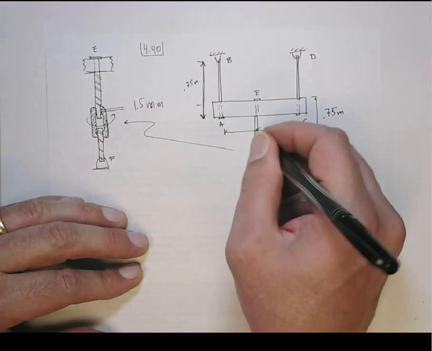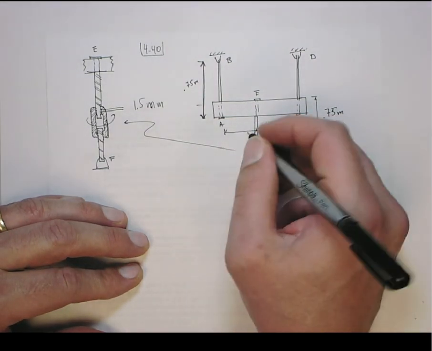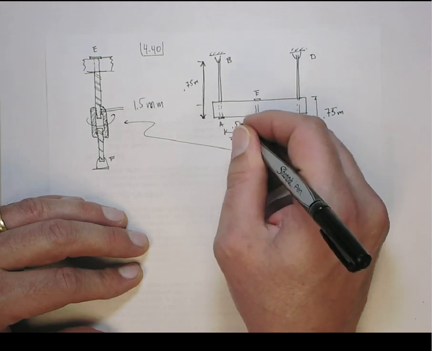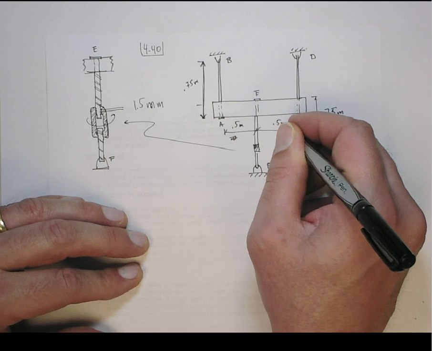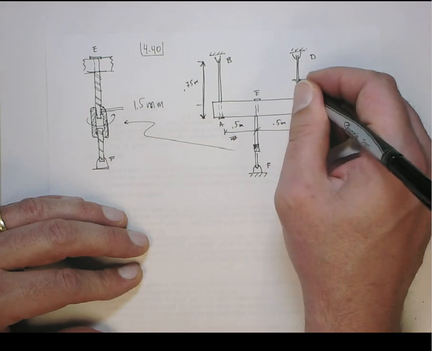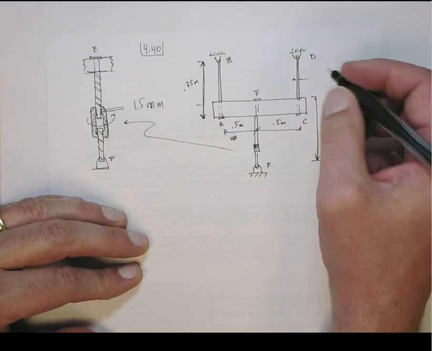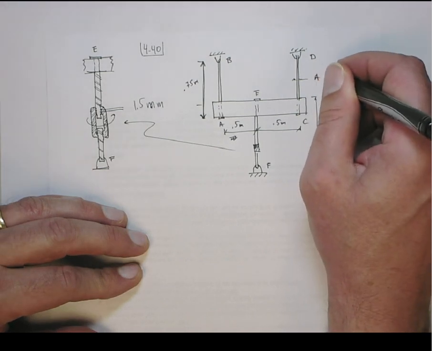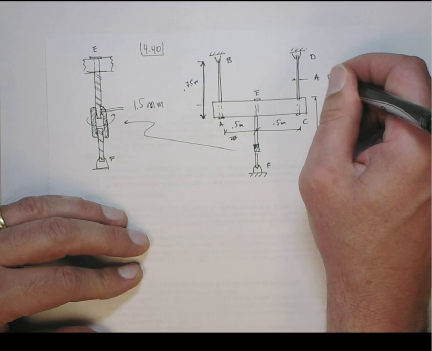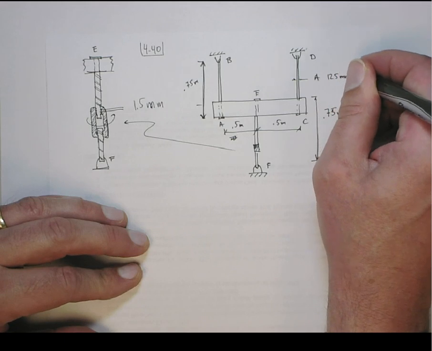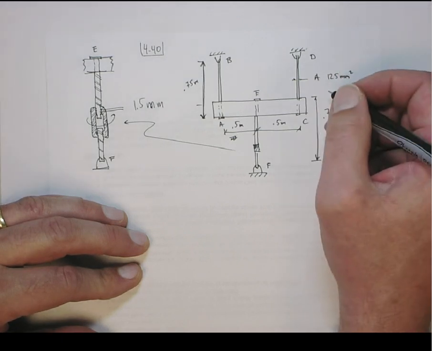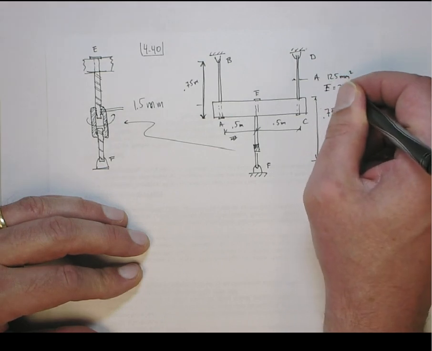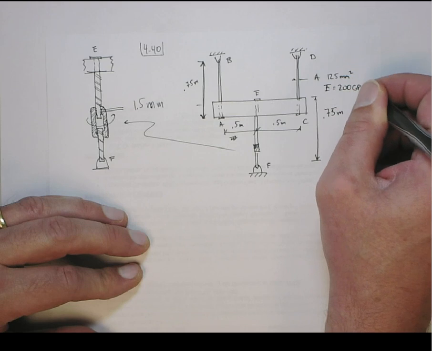They're equal, and they are 1/2 of a meter. These all have a cross-sectional area of 125 square millimeters, and they're made out of steel, so Young's modulus is 200 GPa.